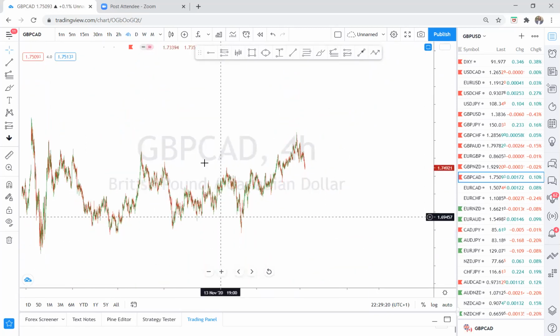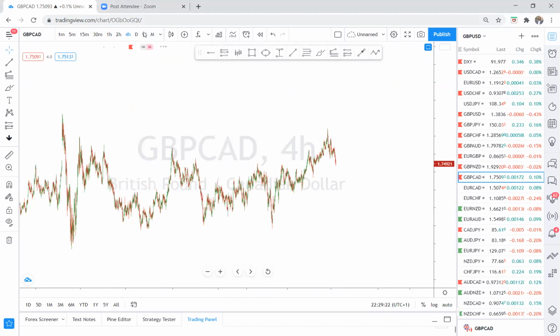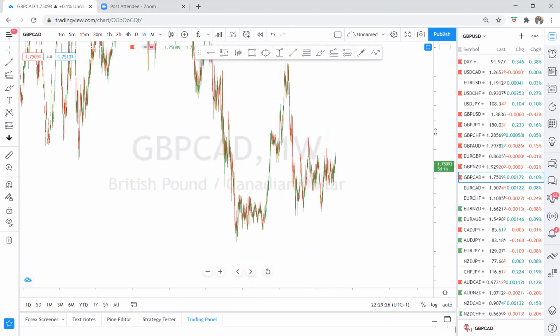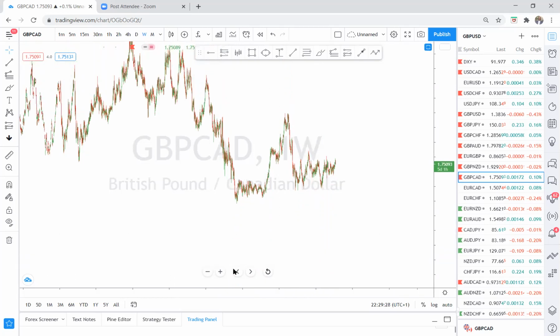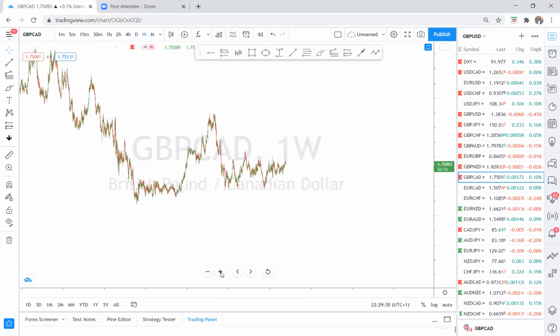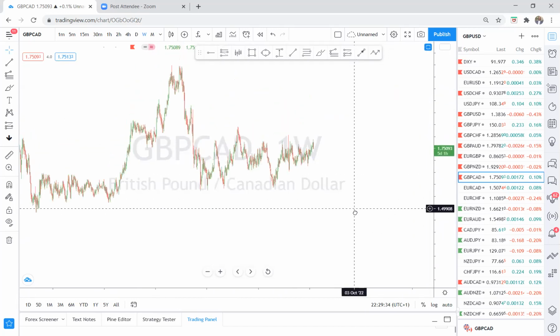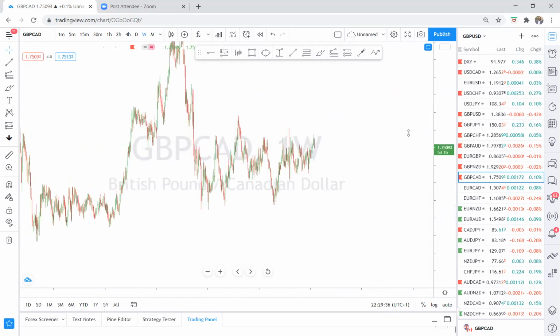GBP card. Remember, in GBP card, in the weekly time frame, when you look at it very critically, we have a structure that we have been monitoring for quite some time now, and we have forecasted GBP card to go bullish.